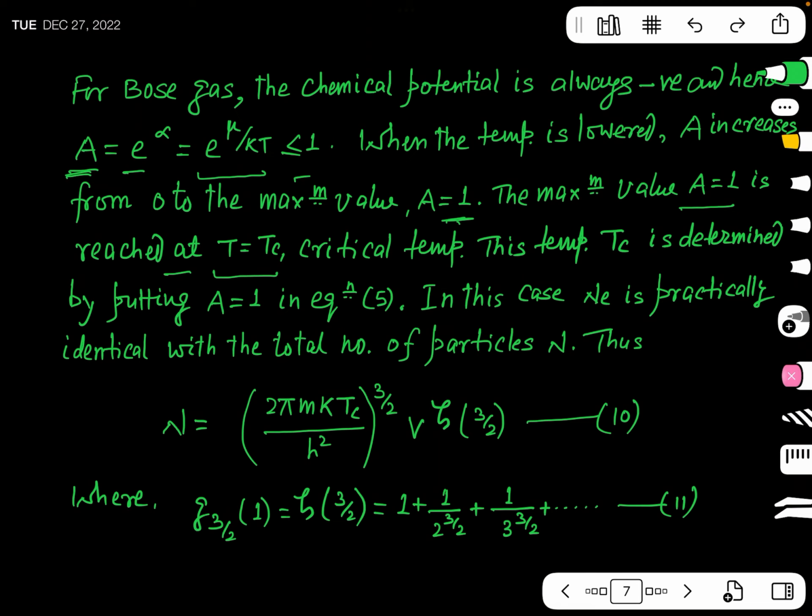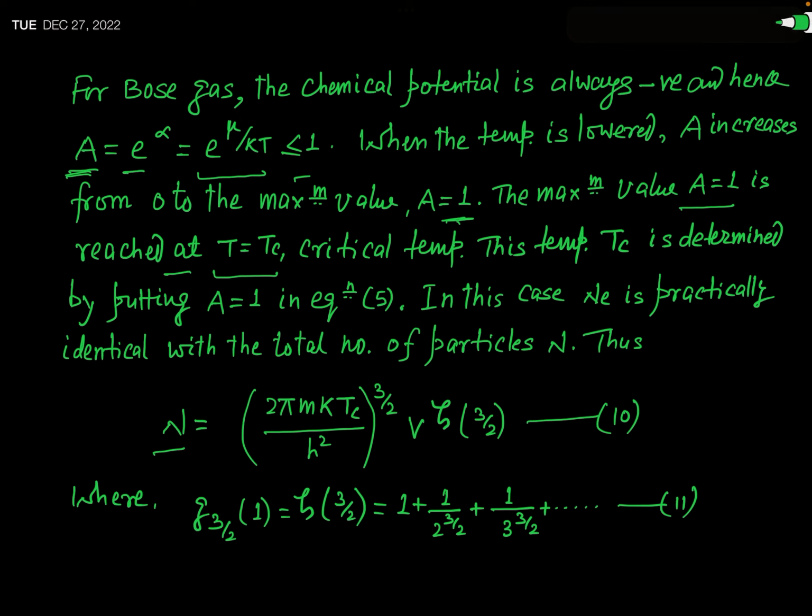So you can see that the number of particles N, in this condition this Ne is almost equal to N. It means that at a temperature above the critical temperature, almost all particles of this system are found in the excited state, and there is almost no particle in the ground state.